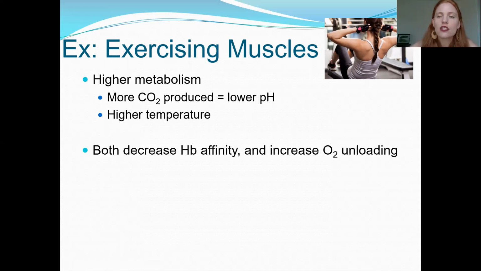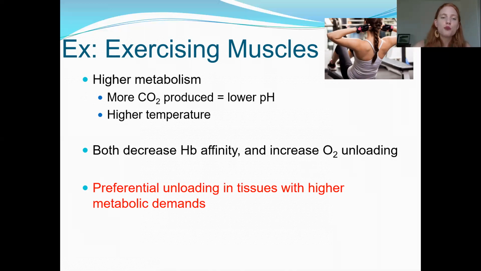And in those exercising muscles, both the increase in temperature and the decrease in pH do the same thing to the affinity of the hemoglobin. The affinity of the hemoglobin, so the desire to hold on to the oxygen, is going to go down, which means that more oxygen will be released to those tissues. So what we have here is preferential unloading of oxygen to the tissues that need it more.